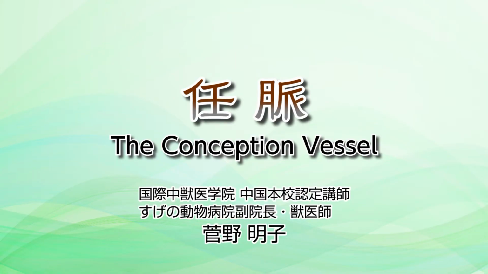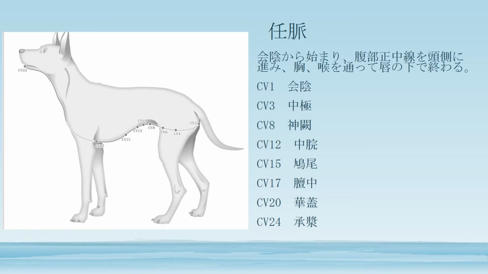The conception vessel. Conception vessel starts from the perineum, goes up the ventral midline to the chest, throat, and then ends at the lip.